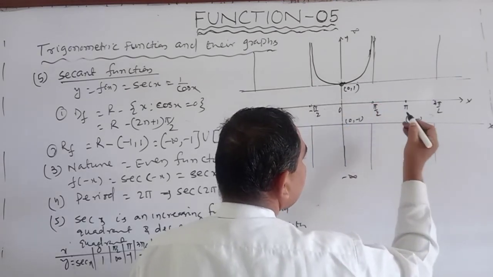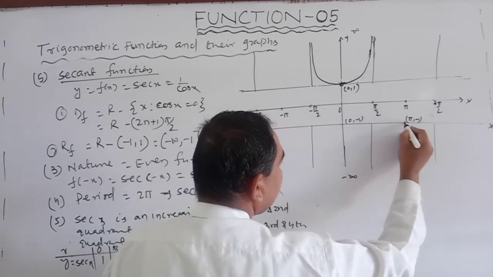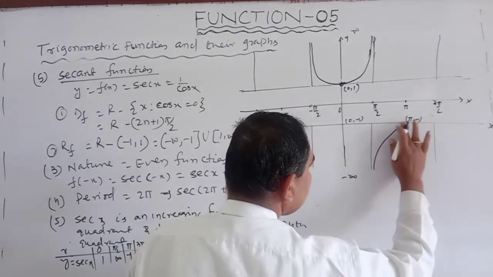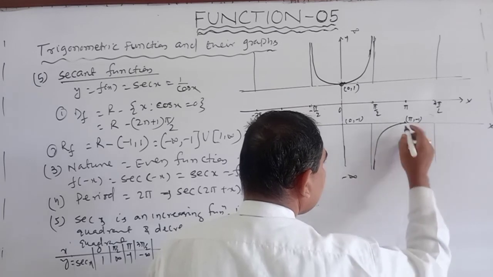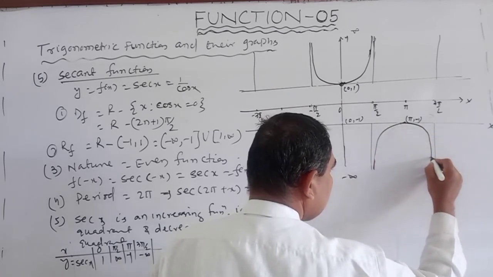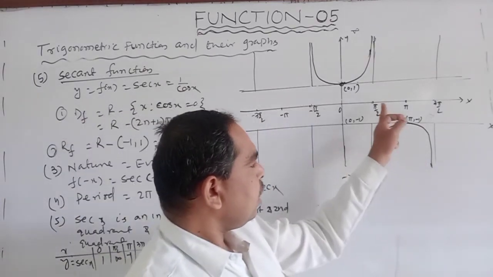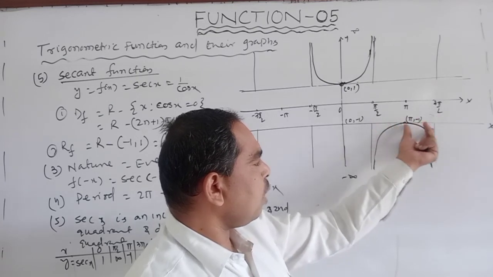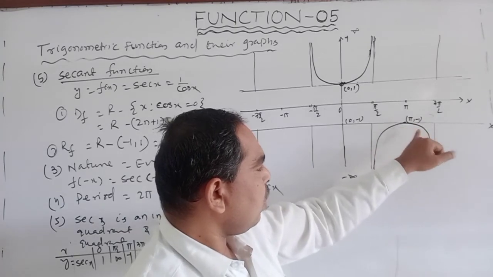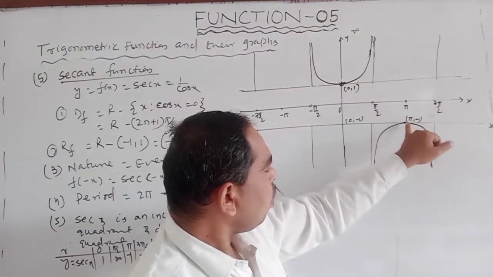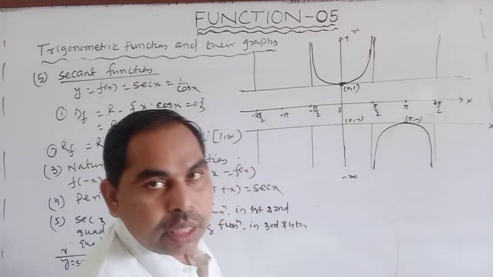In the second and third quadrants sec is negative, so going from minus infinity to minus 1 this is an increasing function, whereas going from minus 1 to minus infinity it is a decreasing function. This type of curve.